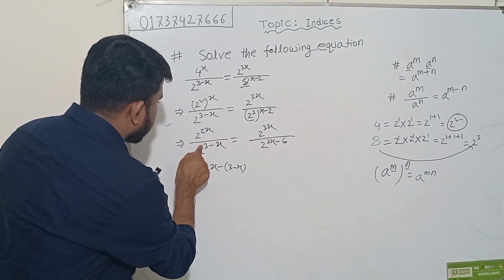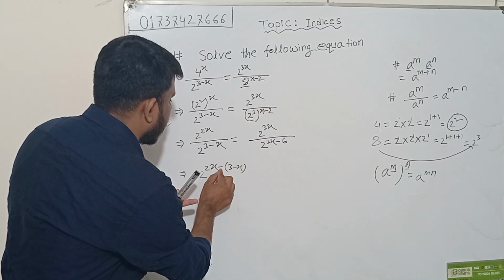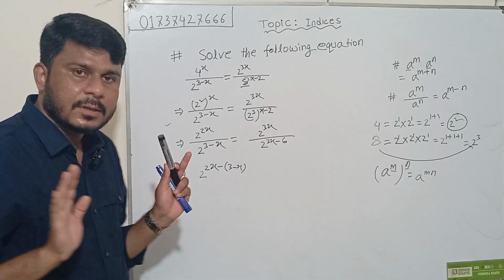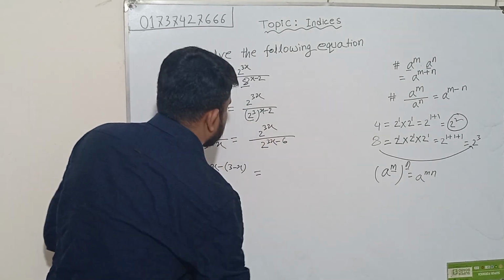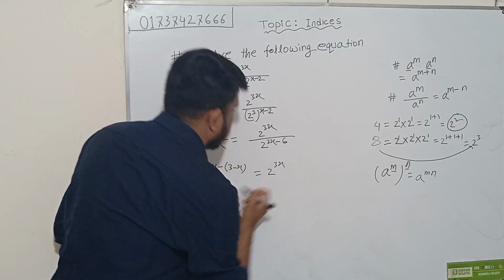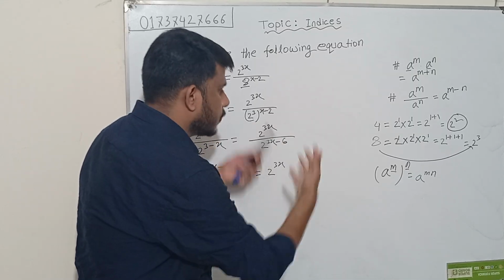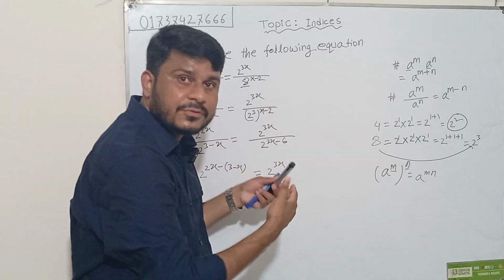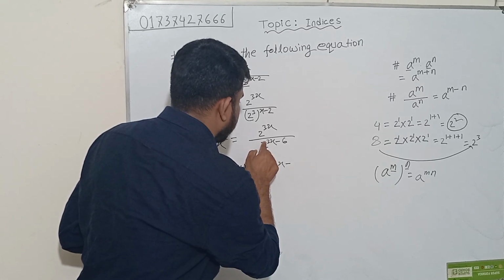In front of this there is a positive sign, so if I transfer it outside, we have to take negative here. So here this is just 2 to the power 3, just copy it. And again the same thing happens: if I transfer outside using the formula, we have to write minus here because there is a positive sign.